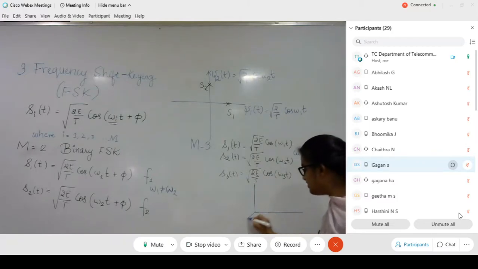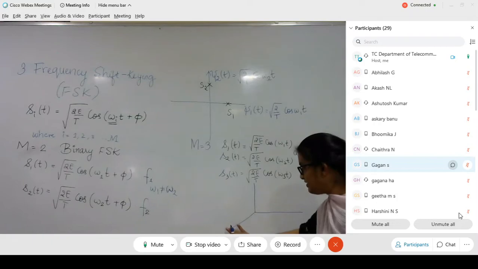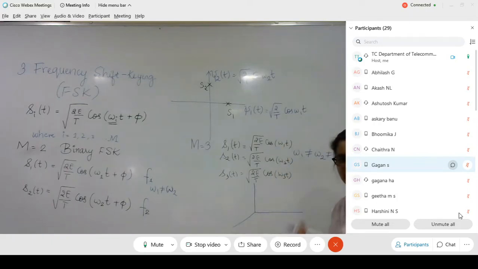X, Y, Z coordinates. The choice of omega 1, omega 2, omega 3 should be in such a way that they are orthogonal to each other. What do you mean by orthogonal? When you multiply these two cosine terms and then integrate over a period, one symbol, you should get a 0. Only then we say they are orthogonal to each other.